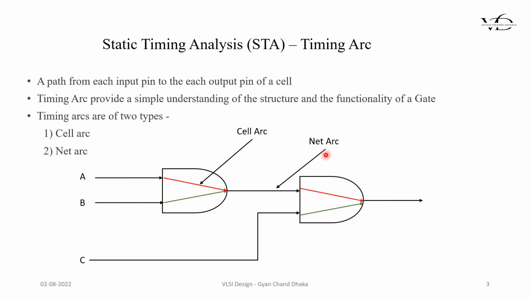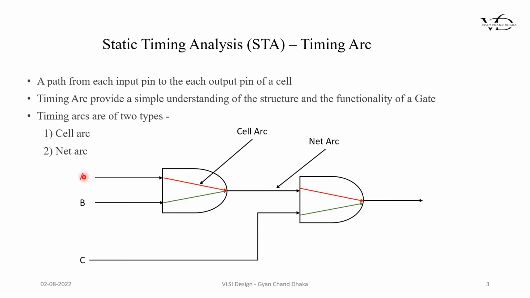What are the characteristics of these arcs and what kind of information do these arcs have, we are going to cover in our next chapter. But just remember that one of the characteristics of these arcs is the delay associated with them. These arcs contain delay information for a particular path.